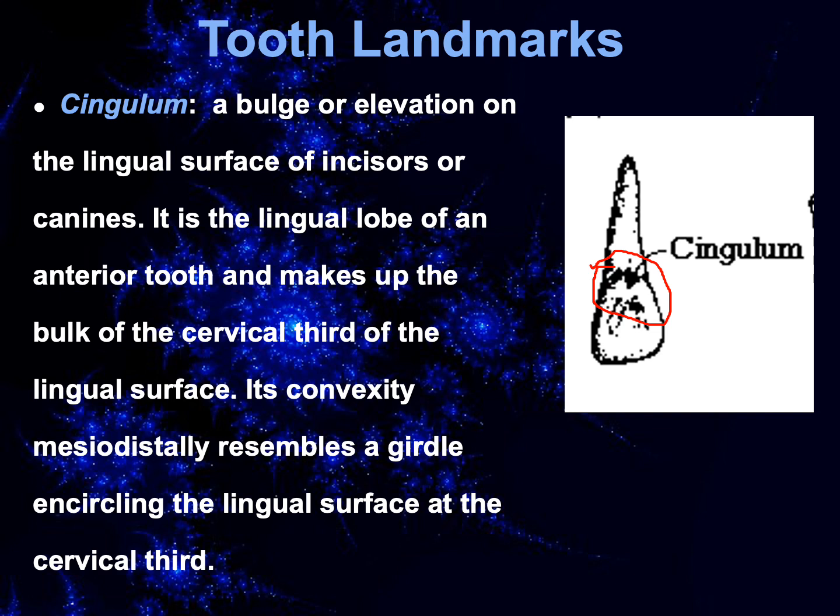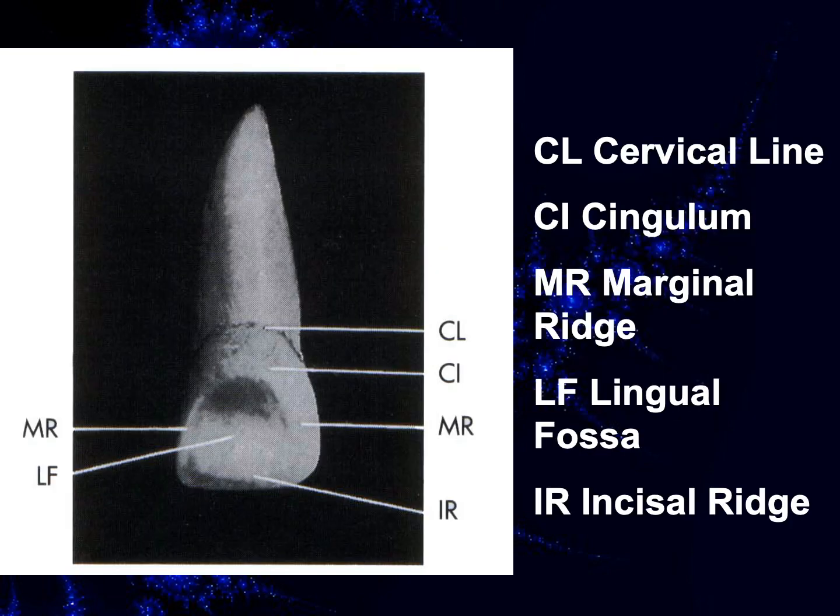The cervical third means the third that is near the cervical line. Its convexity mesiodistally resembles a girdle encircling the lingual surface at the cervical line. Maybe you can see it here much better. This is the cingulum in the cervical third. This is an elevation.